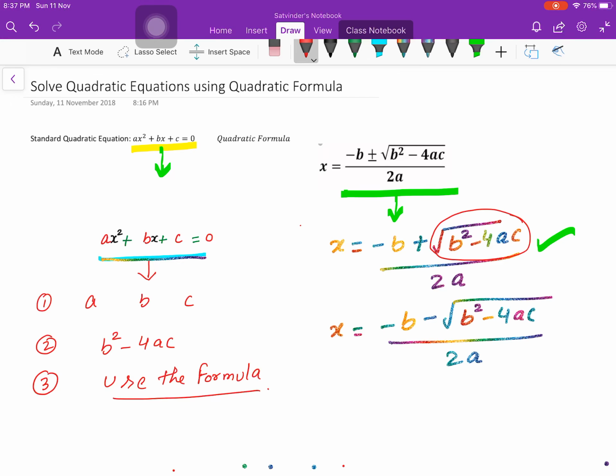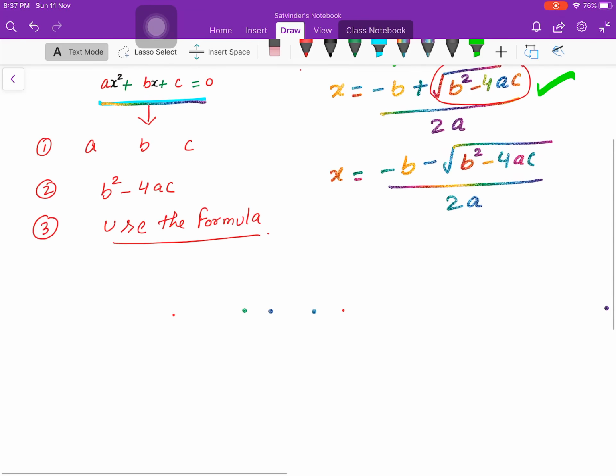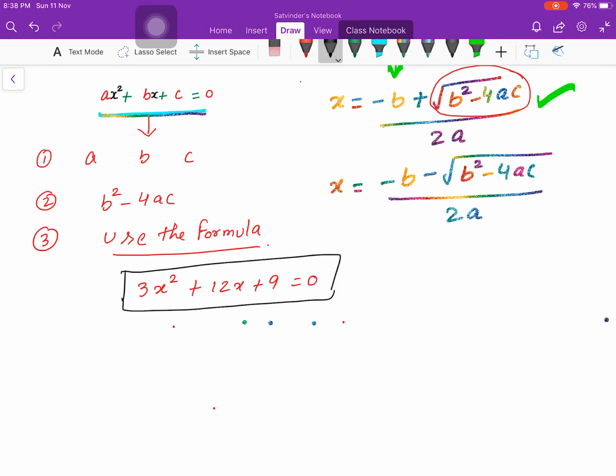Let's take some examples. Let's take the first example here. I'll keep the standard form here with you. My first equation is 3x² + 12x + 9 = 0. From this equation, first I should get a, b and c.